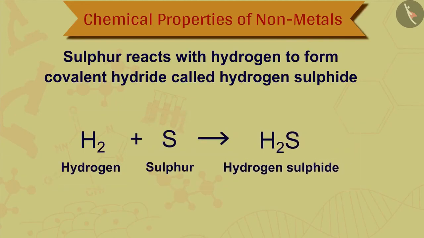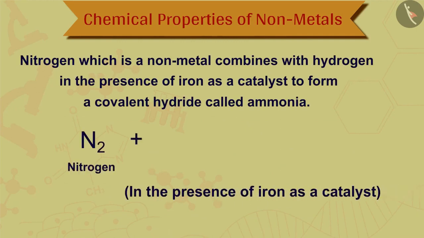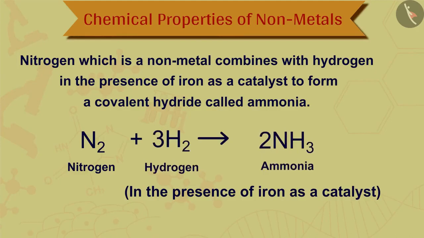Let us look at its reaction. Let us take one more example. Nitrogen, which is a non-metal, combines with hydrogen in the presence of iron as a catalyst to form a covalent hydride called ammonia.